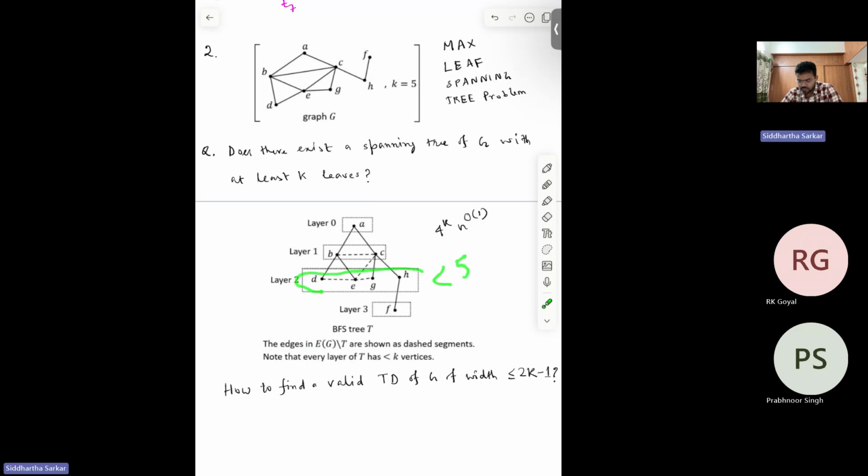This is the largest layer having four vertices. Now, can I use this BFS tree to ensure that I have a tree decomposition where tree width is at most 2k minus 1? So that means that bag size is at most 2k.